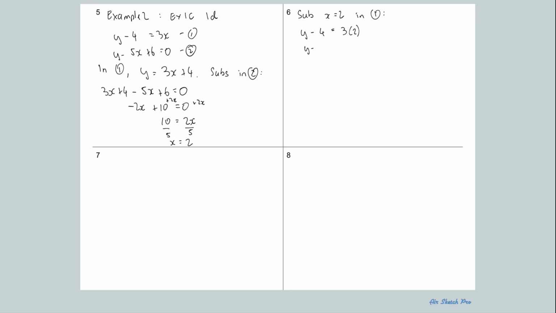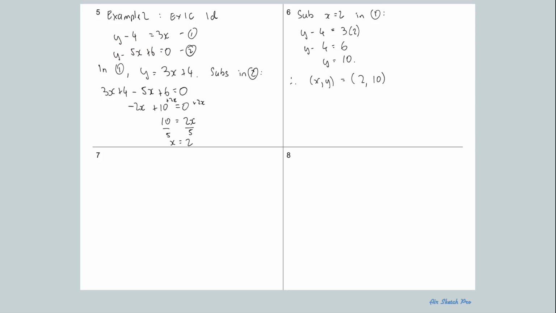And now I'll just simplify and solve. 3 2s are 6. Add 4 to both sides to get y is equal to 10. Therefore, xy is equal to 2, 10. That is the point of intersection. That is the point which is a solution for this equation as well as for this equation.